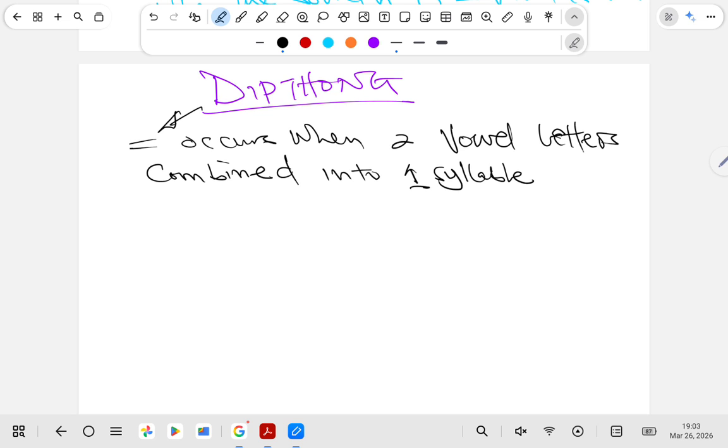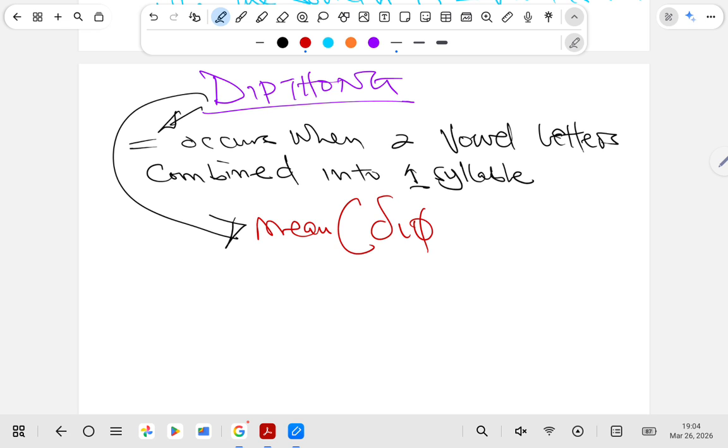And this word diphthong means having two sounds. So diphthong comes from the Greek word delta, iota, phi, and then remember theta, and then omicron, gamma, double gamma, omicron, sigma, diphthongos.